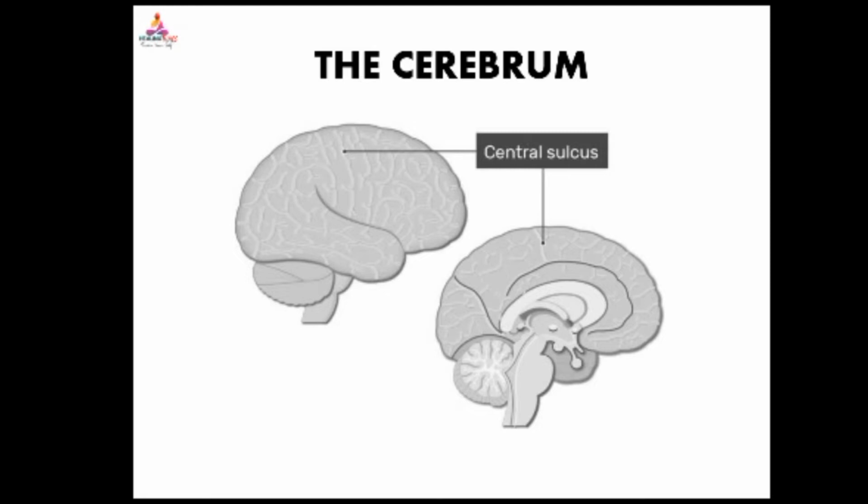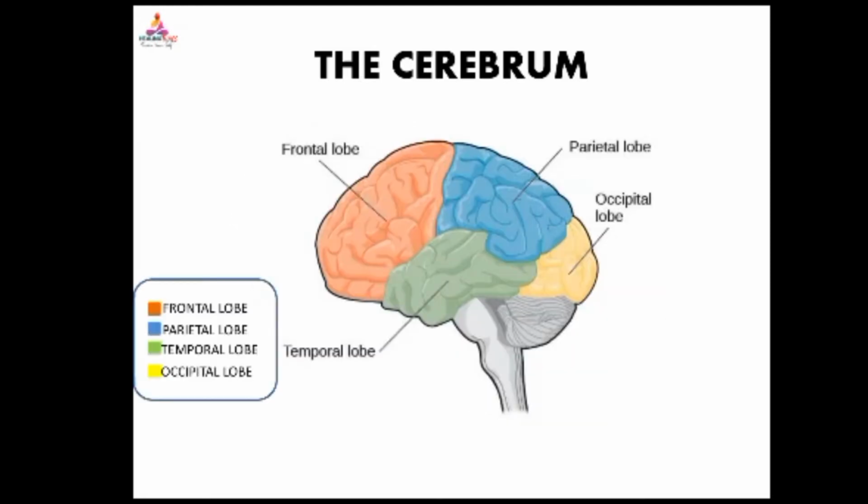There are individual differences in the appearance of the sulci and gyri, but some sulci are constant in their position and appearance and serve as important landmarks. The superolateral surface of each cerebral hemisphere is divided into four lobes: frontal lobe, parietal lobe, occipital lobe, and temporal lobe.